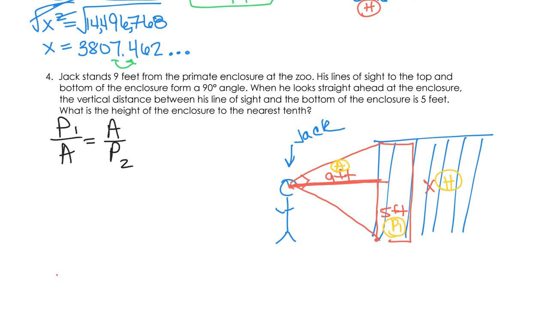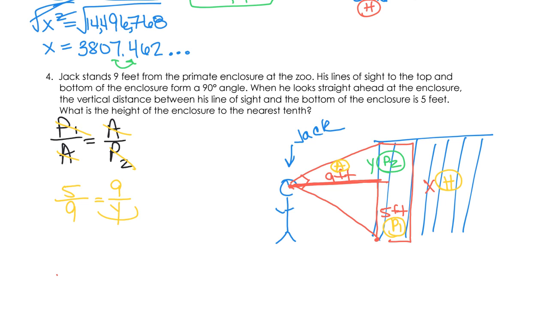Our P1 is 5. The altitude is 9, and that's the same altitude of 9. But we have to realize we're actually solving for P2 here. So we'll call that y, since we don't want to switch what we're calling x, which we still have to solve for at the end. So a little bit tricky, but our P2 is the variable.